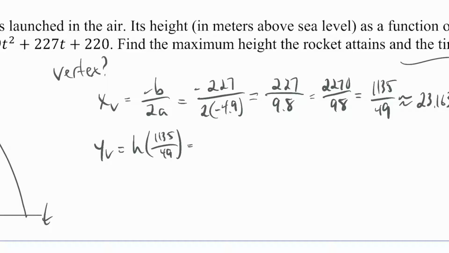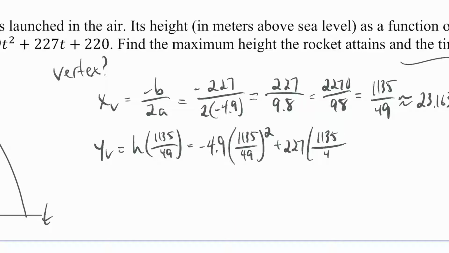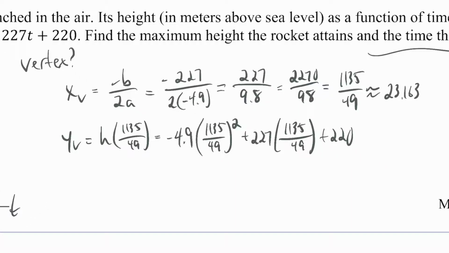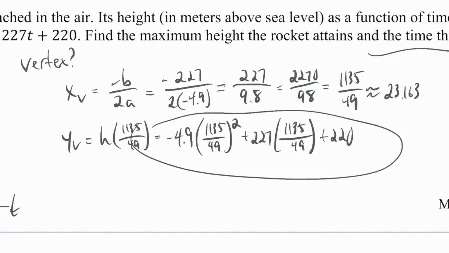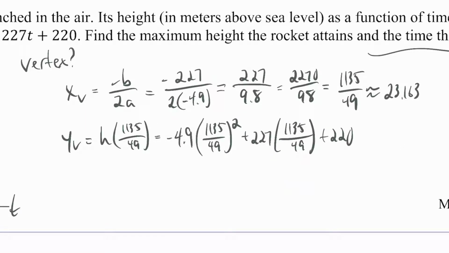So this is going to be negative 4.9 times, big parentheses here, 1135 over 49 squared plus 227 times 1135 over 49 plus 220. Now, I don't think we want to mess with these fractions, but I will observe that these two are going to reduce in kind of a convenient way.